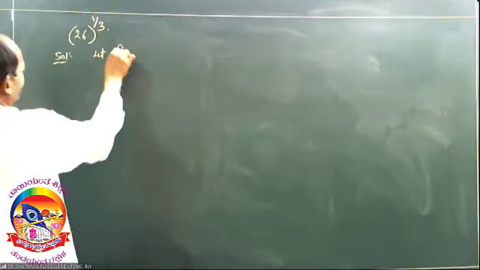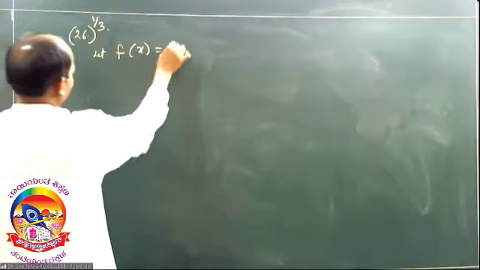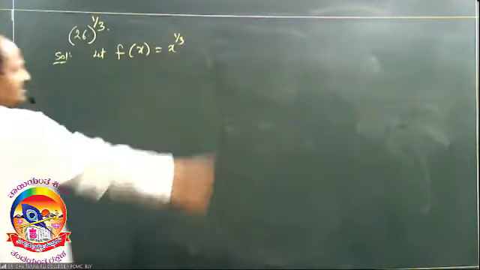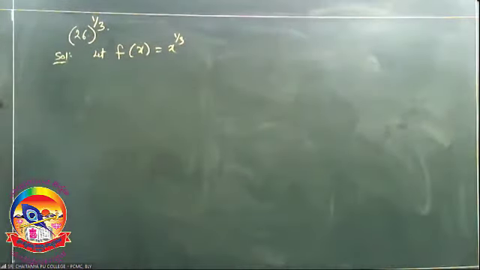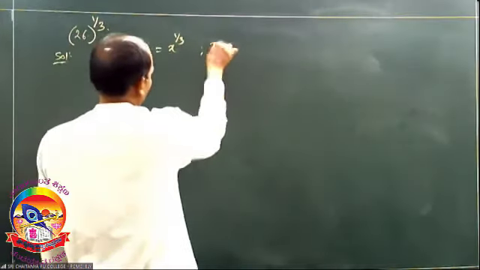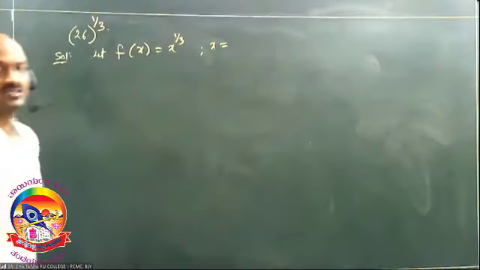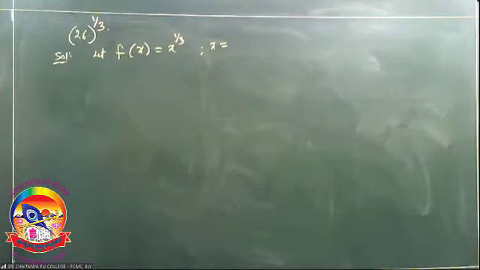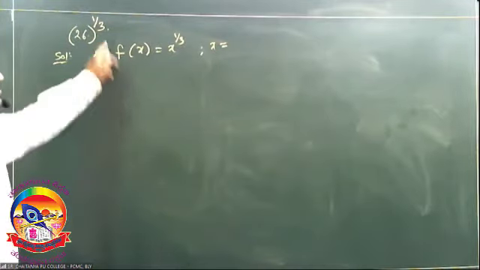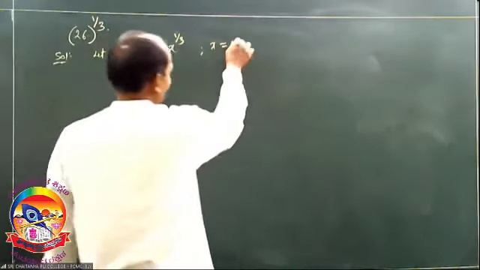Let the function f of x is equal to x power 1 by 3, cube root. What about x value? Consider 27. How to identify? Consider 27, it is power 1 by 3. 27 means it is 3 power 3.